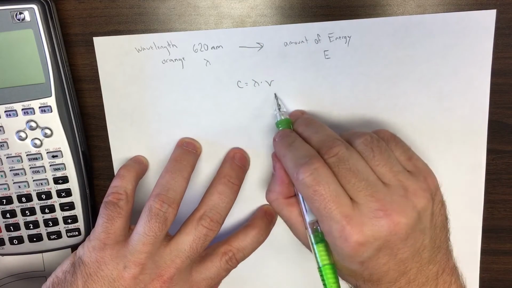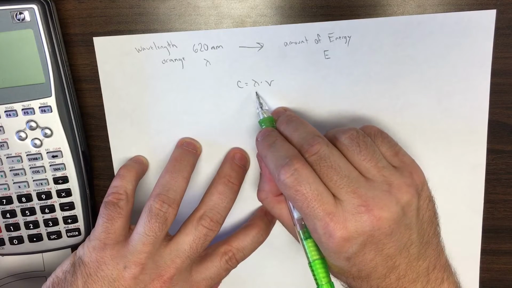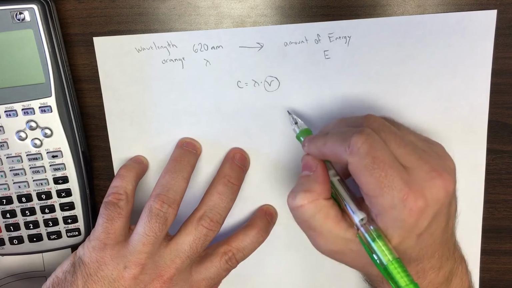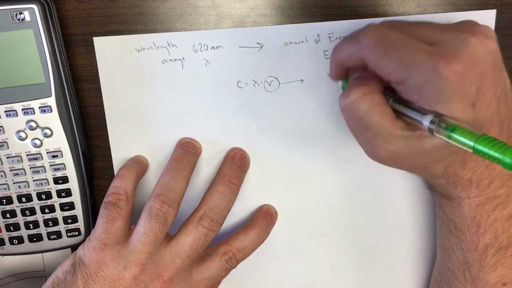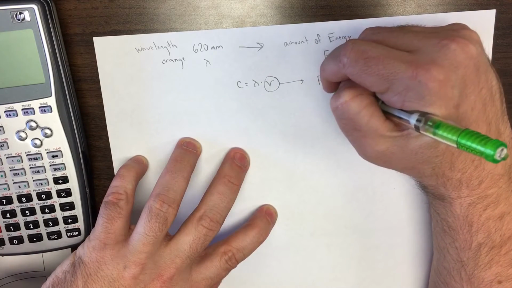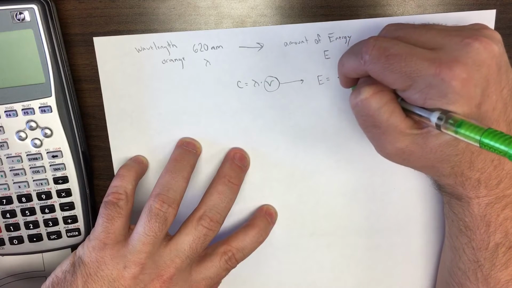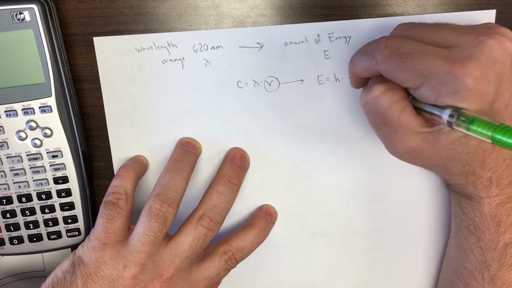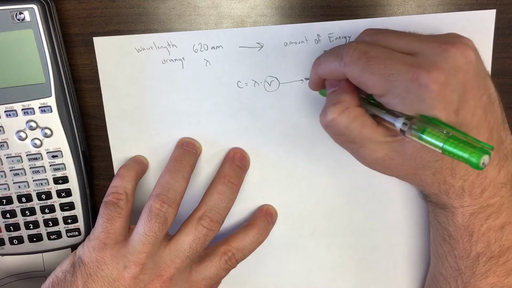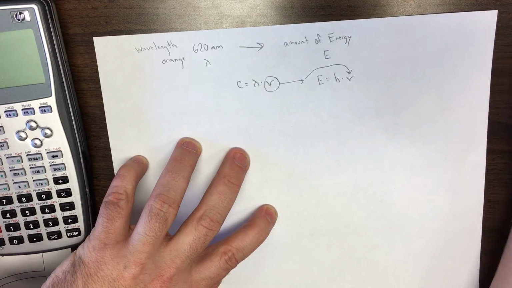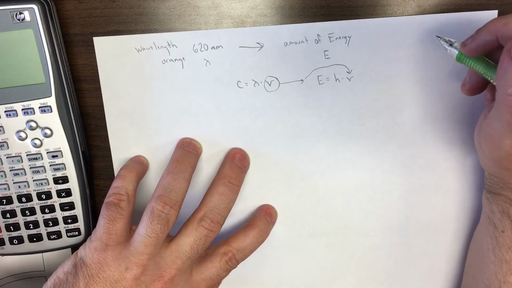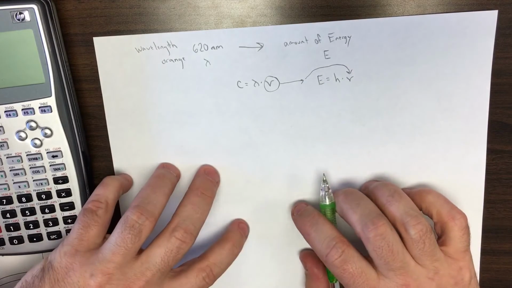So this equation, and we need to solve it for frequency. And then we will take that frequency and plug it in to E equals Planck's constant h nu. So we'll bring it over here and plug it in with Planck's constant, what we already know, and that'll be our second equation, and then I'll solve for energy. So let's get started with that.